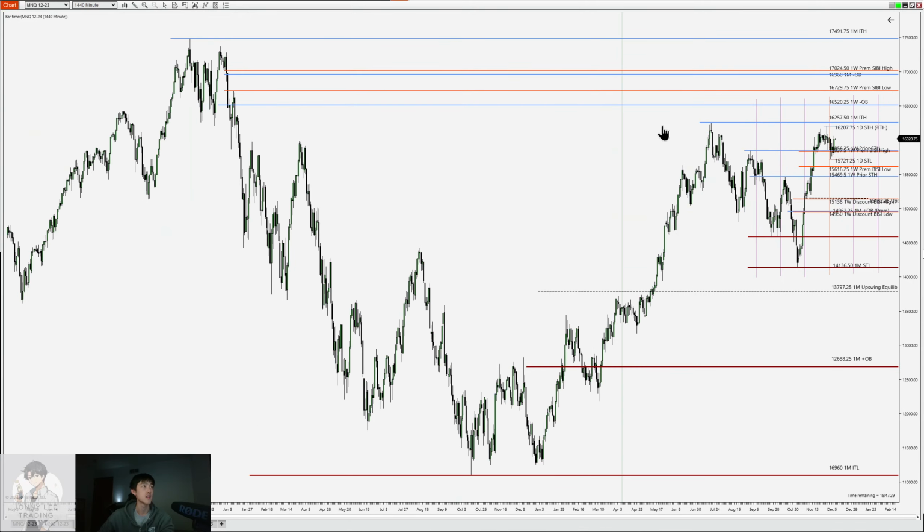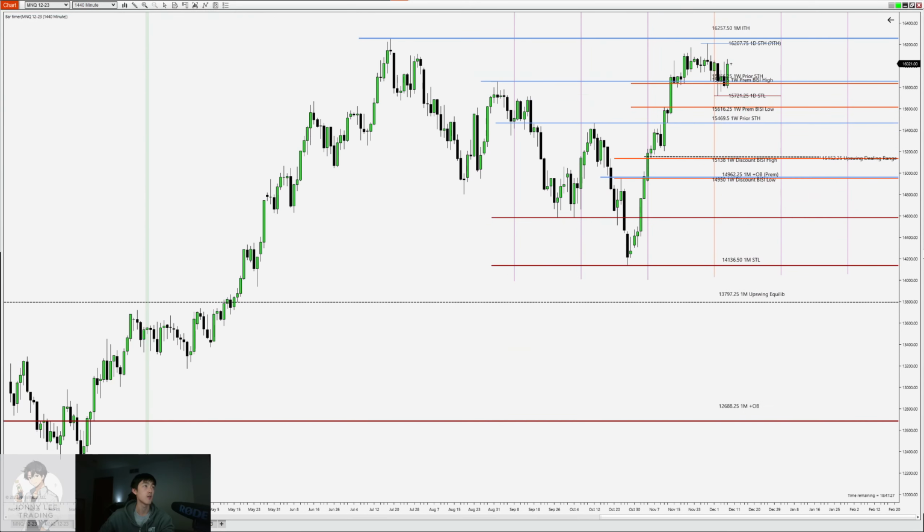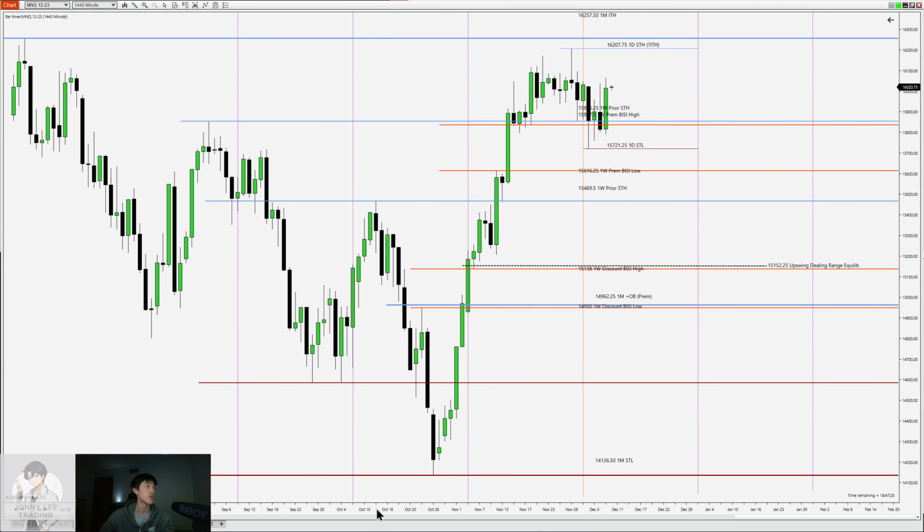So back to the daily chart, which is what we're focused on now. You should have this short-term high and this short-term low marked. In the IPDA data range of the last 20 days, we should also be marking this short-term low, which is 15,207.